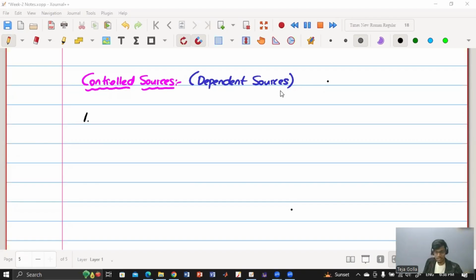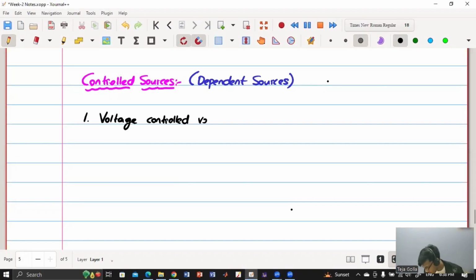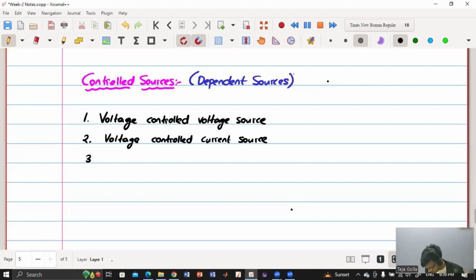So first, let me list down all the control sources. We'll start with the voltage controlled voltage source. Then we have voltage controlled current source. Then we have current controlled voltage source.